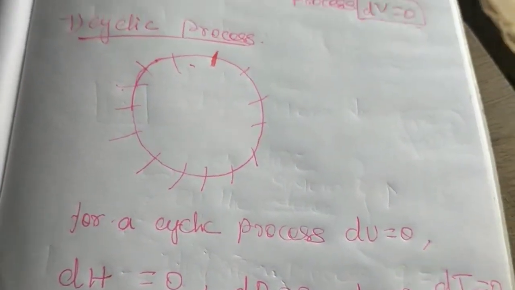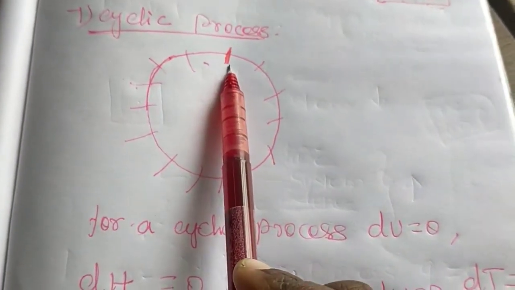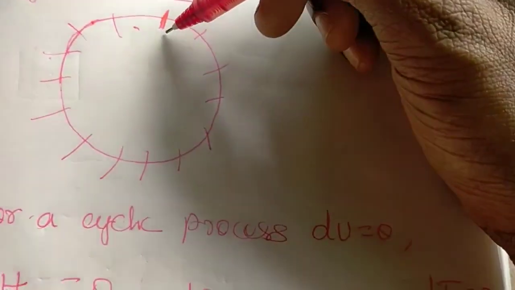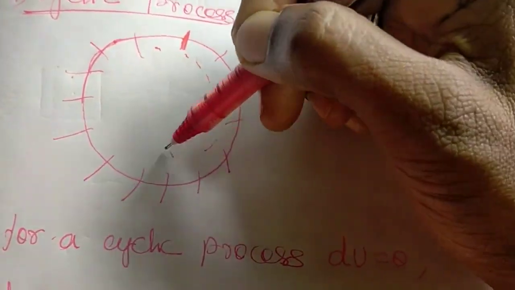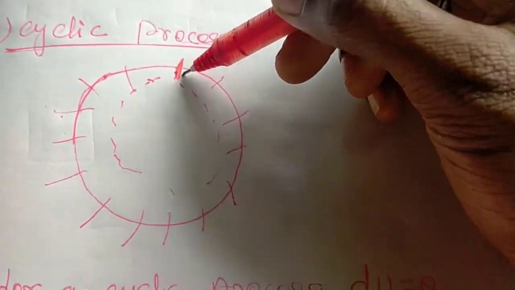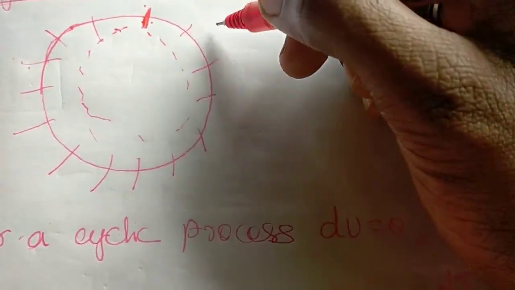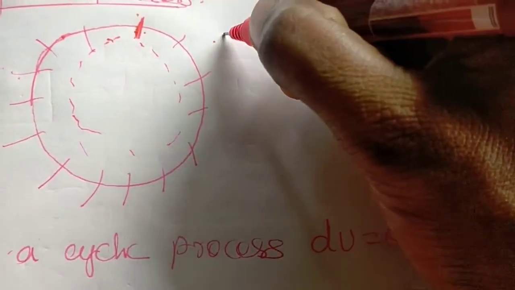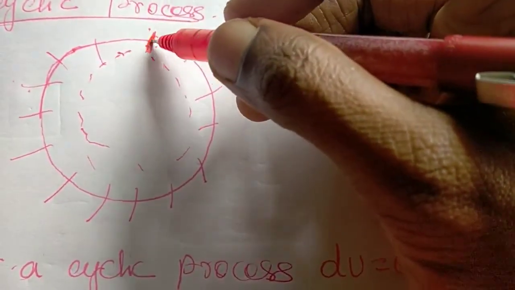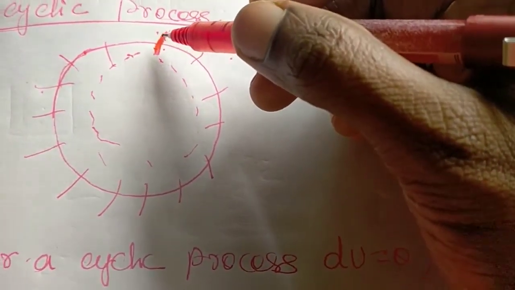That means, measure the initial stage when the cycle process is starting. Then after completing all the changes and reaching the same point, again measure the internal energy, temperature, pressure, volume, everything for the completed cycle.